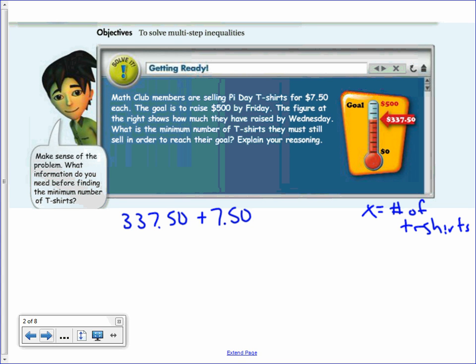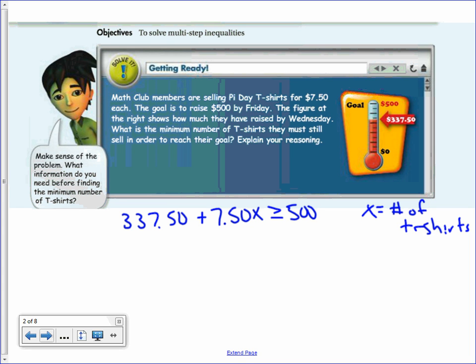I have $337.50 plus $7.50x, because that's times however many t-shirts I have to sell, has to be greater than or equal to $500. That's my goal. Why greater than or equal to? Because I have to raise at least $500.